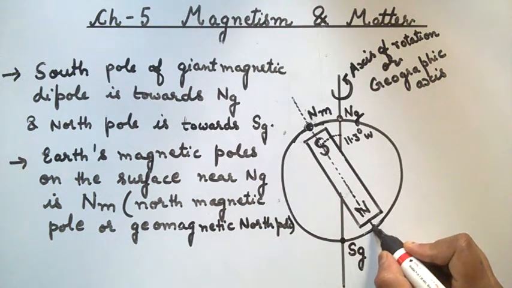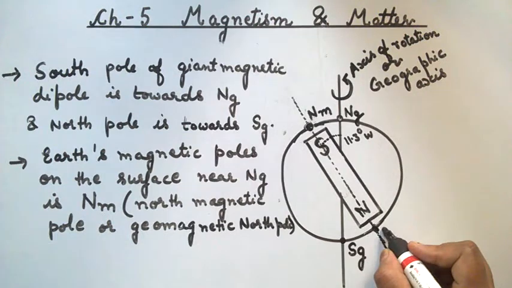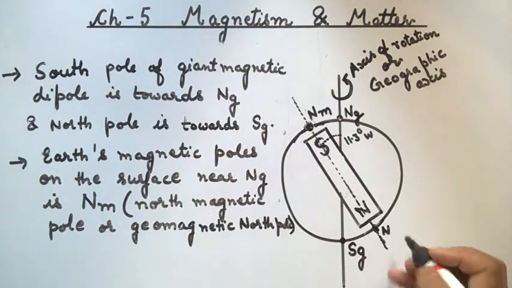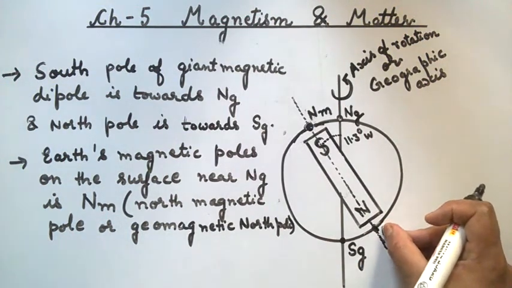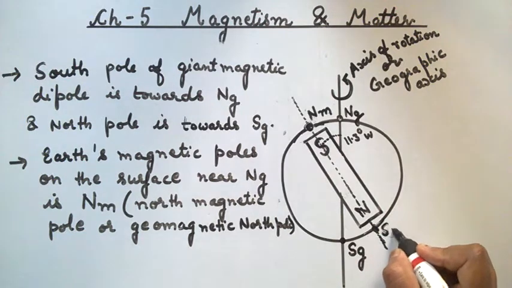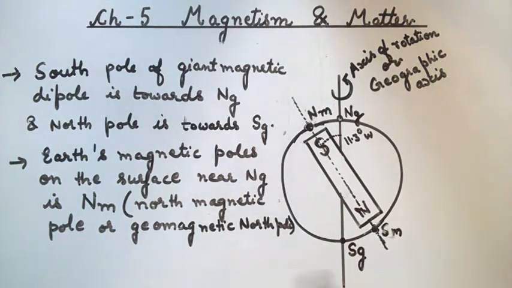Similarly, the magnetic pole on the surface of the earth near to geographic south is south magnetic pole on the surface of the earth.